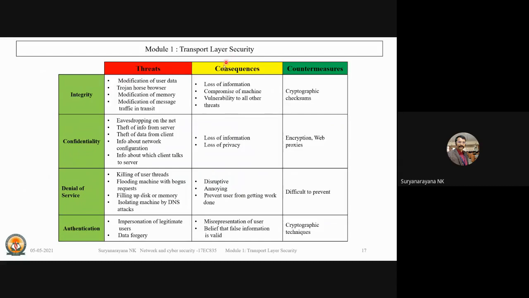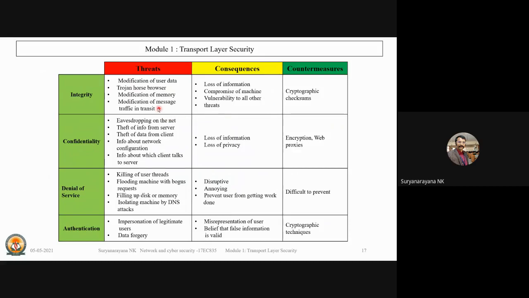The consequence based on these threats is loss of information. If somebody modifies the user data, it is loss of information. If somebody modifies the memory, compromise of the machine will happen.